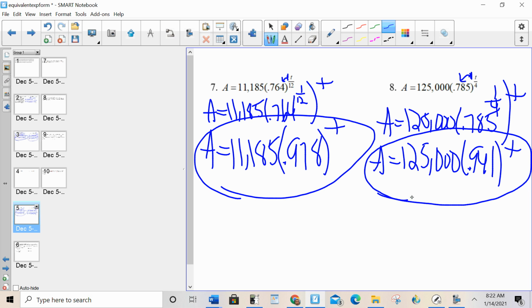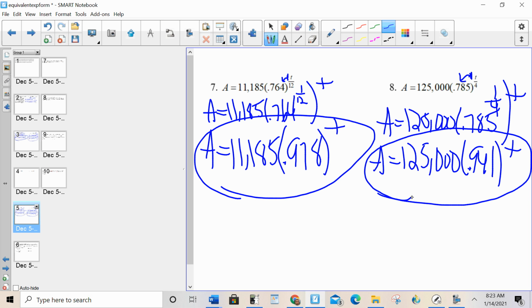And again, the application of that is that I know now that if t is years, that the annual decay rate is 1 minus 0.941, which means you're maintaining 94.1%, which means you're losing 5.9%.